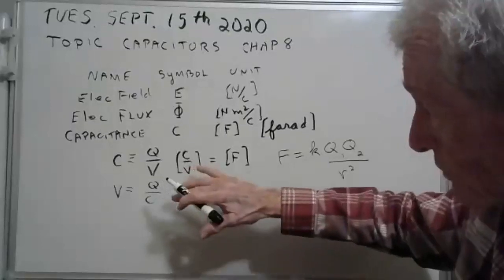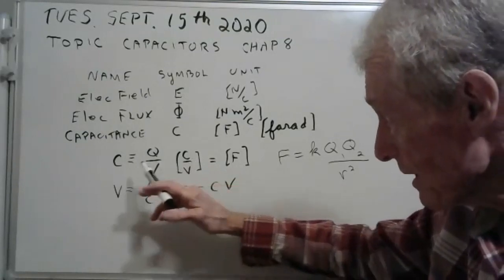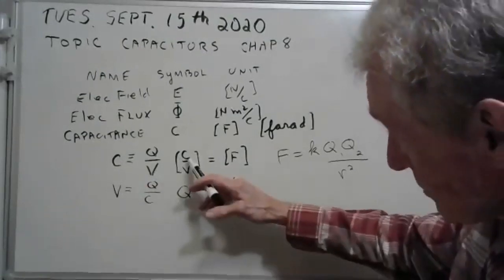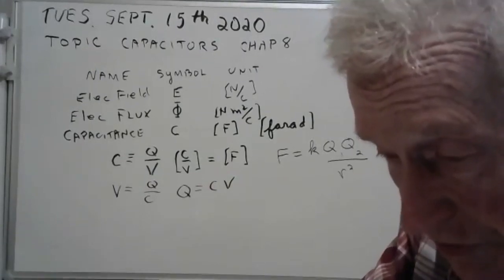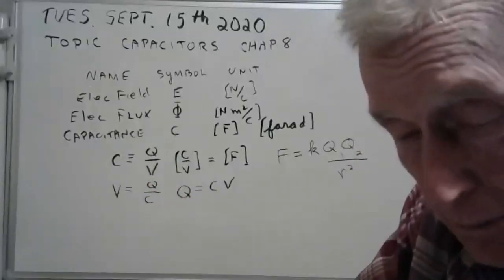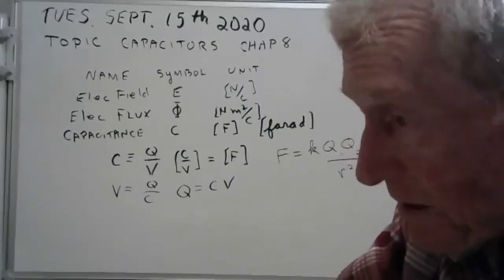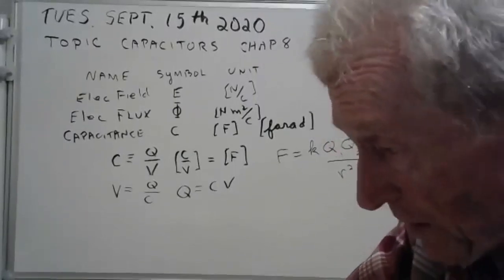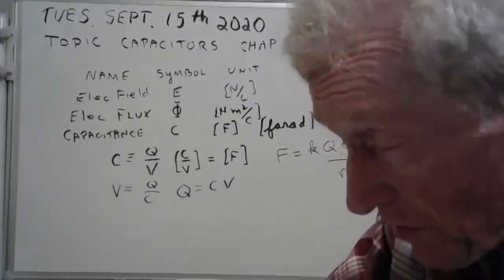Here's why I like to put units in brackets, because look, there's a C right there, and there's a C right there. Those are different. That C stands for coulombs, a unit of charge. That C stands for capacitance. It's not a unit. It's a quantity, kind of like a distance or time or temperature or a whole thousand other things, but it's not a unit.